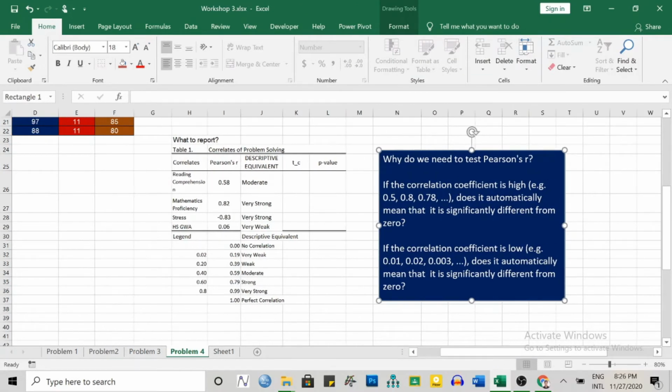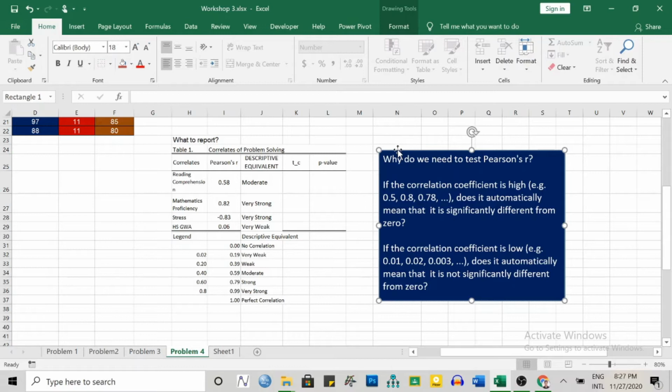Is it not that obvious that if the correlation coefficient is high, for example, numbers like 0.5, 0.8, or 0.78, does it automatically mean that it is significantly different from 0 because they are high numbers? Or if the correlation coefficient is low, for example, we have 0.01, 0.02, or even 0.003, does it automatically mean that it is not significantly different from 0?